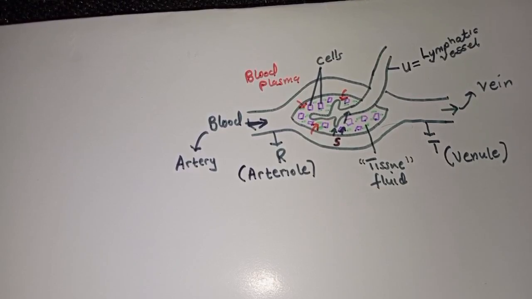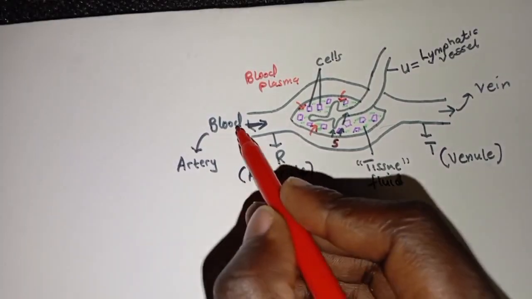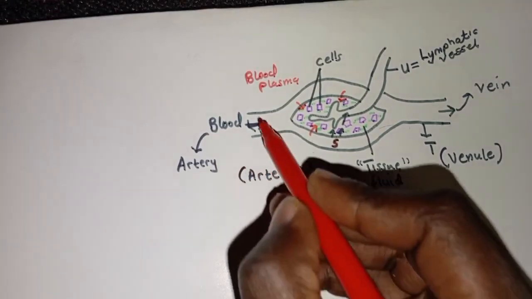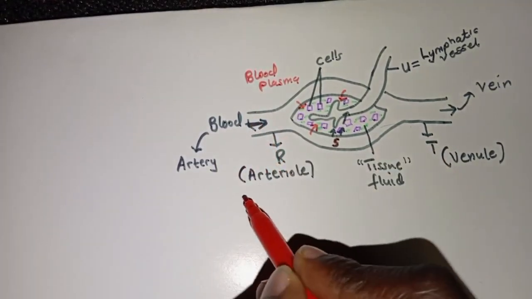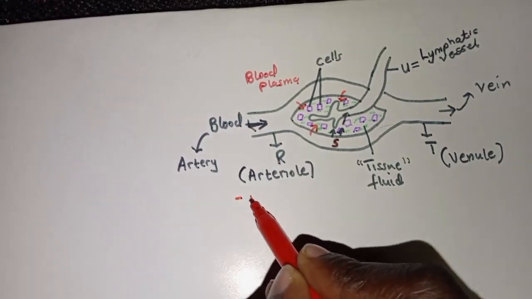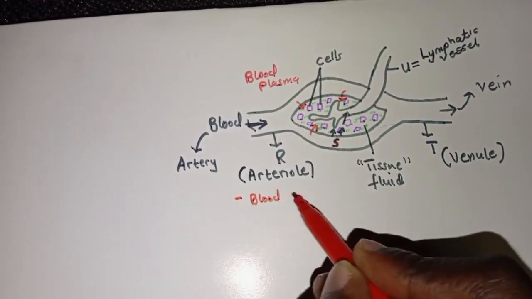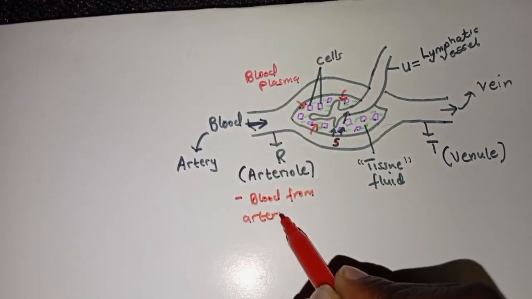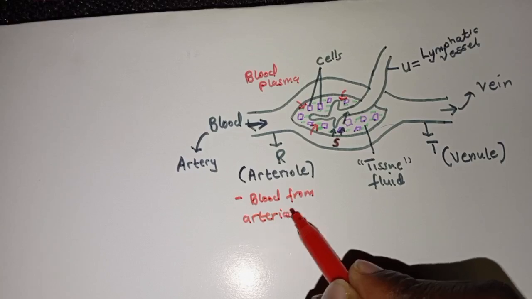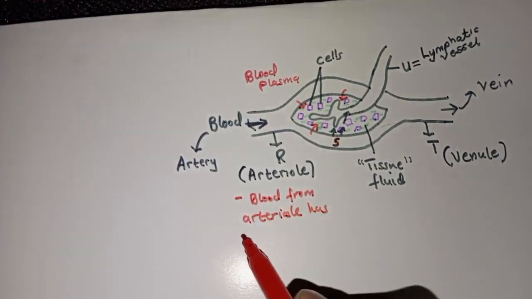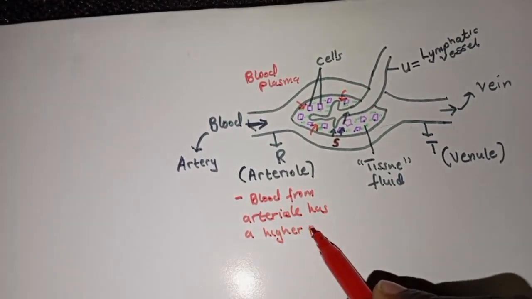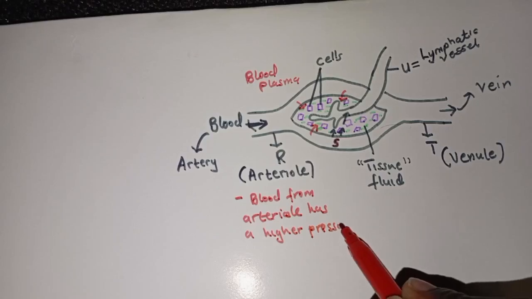So the formation of this tissue fluid is achieved by certain factors. You find that the blood which is coming out of the arterial has a higher pressure.